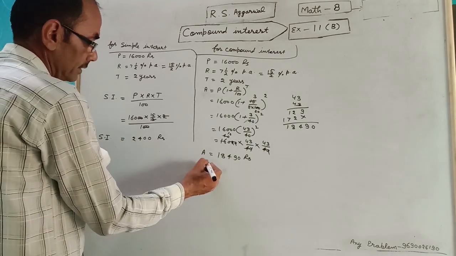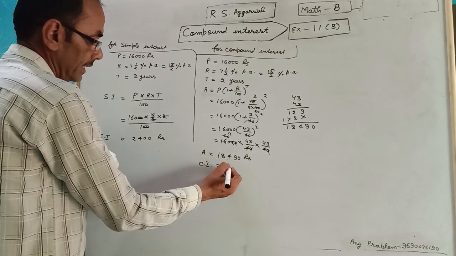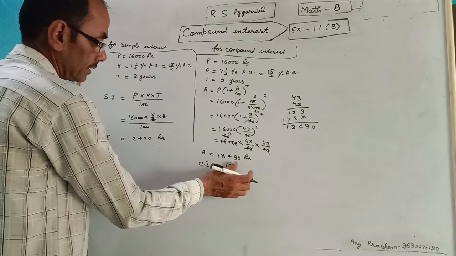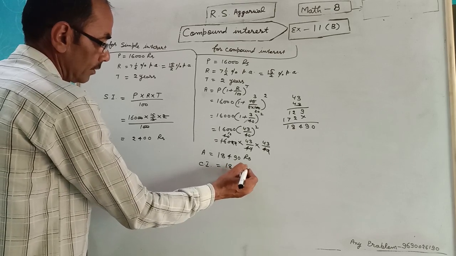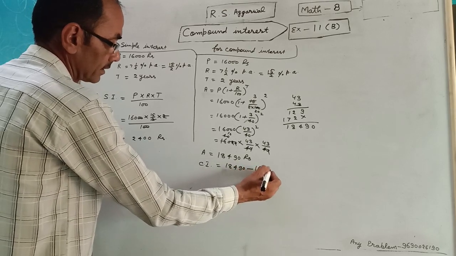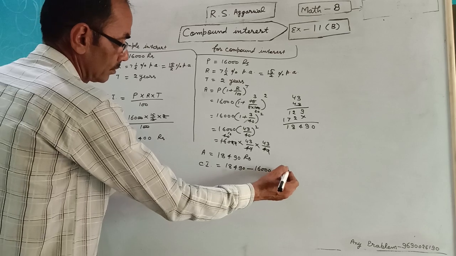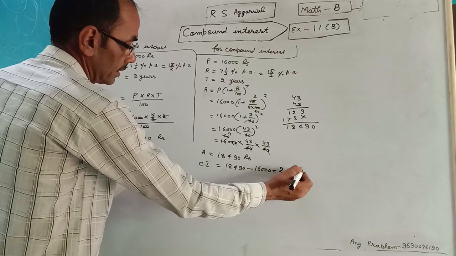CI will be 18,490 rupees minus 16,000. After minus, 2,490 rupees.